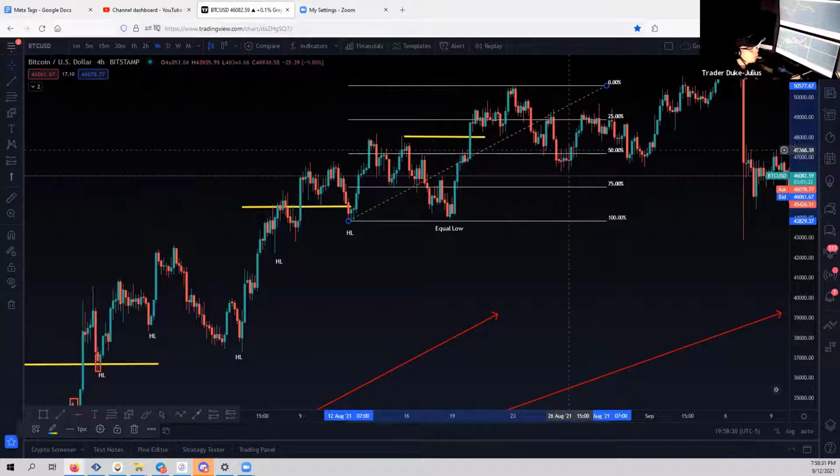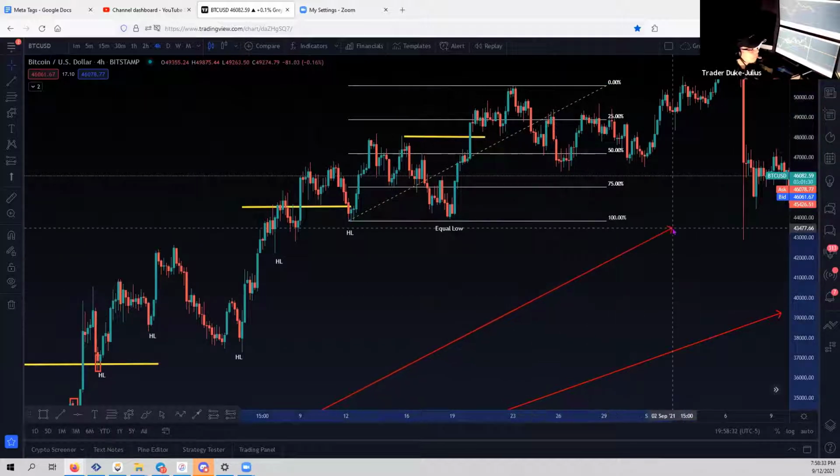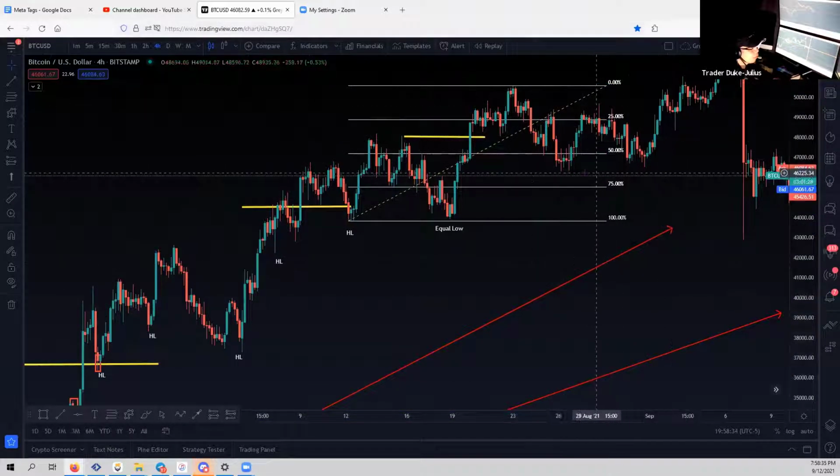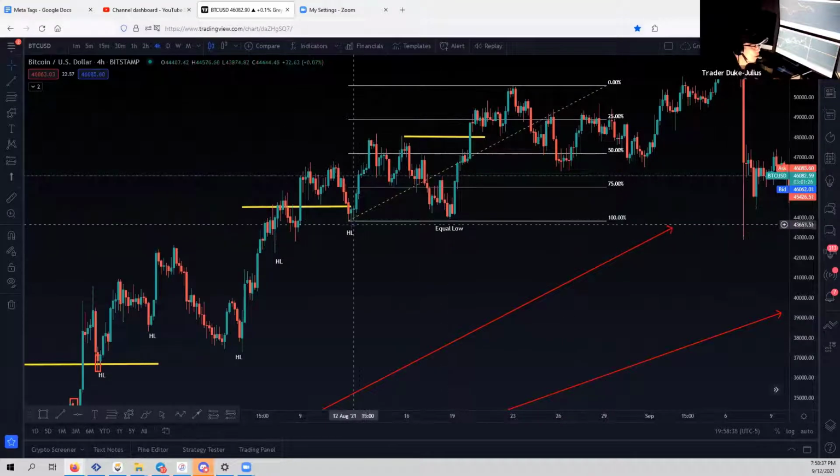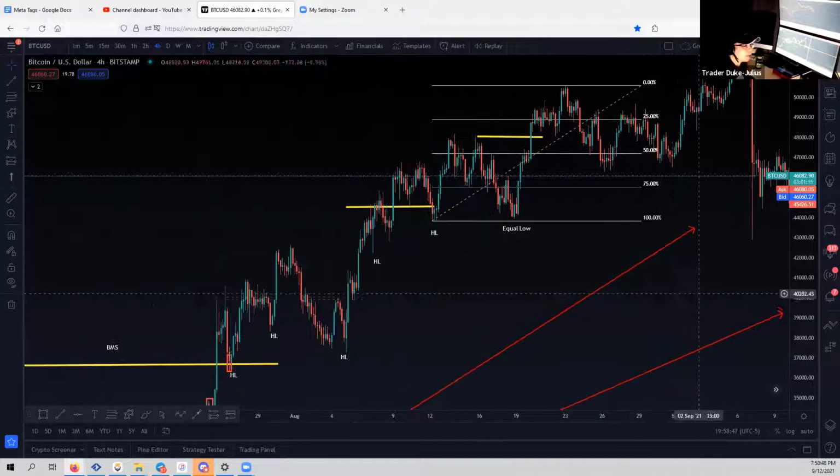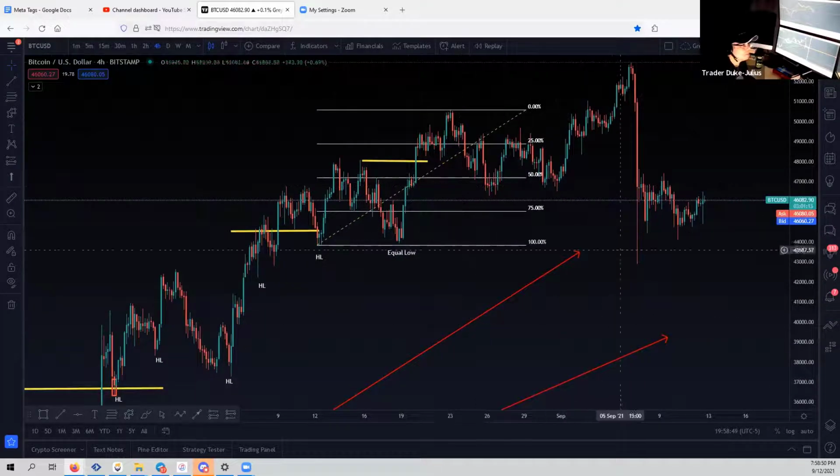Find your entry. We're still riding the trend to the upside and still looking for buys based on the fact that we are in institutional discount range and have not broken particular structures like here. Okay. So that's how we use the FIB tool.